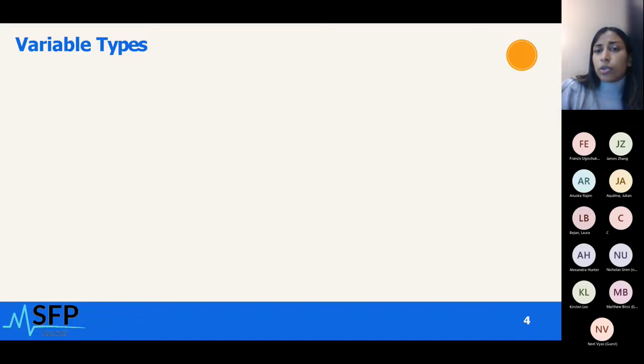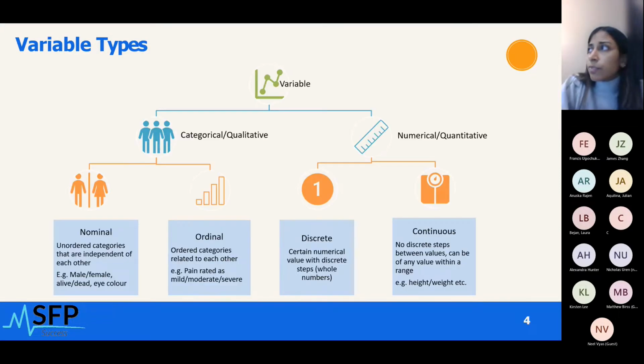The next thing we're going to talk about are variable types. When you have data, we can split it into categorical/qualitative and numerical or quantitative. Categorical can be split into nominal, and that means unordered categories. So you can't order things like gender, male and female, or types of eye color.